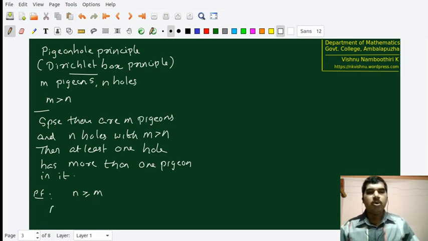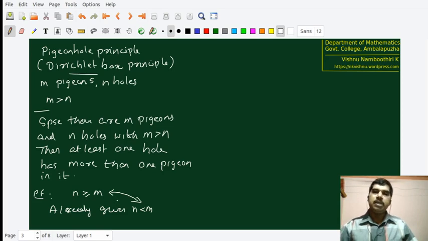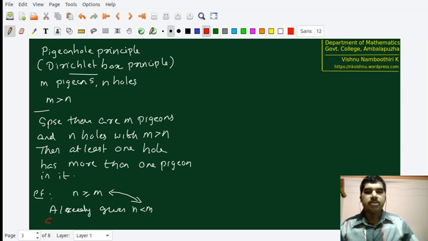But it's already given another statement. What is that? n is less than m, but these two cannot go together. n is less than m and n is greater than or equal to m cannot go together, and therefore we arrive at a contradiction. So what we assumed must be wrong.